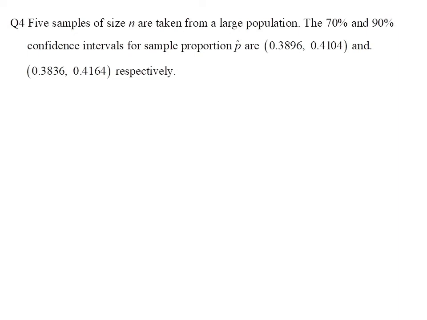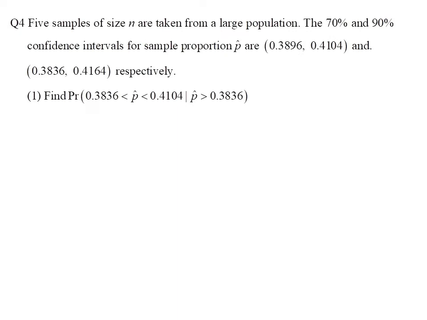In this question, the 70% and 90% population confidence intervals for the sample proportion are given. They are from 0.3986 to 0.4104 and from 0.3836 to 0.4164 respectively.